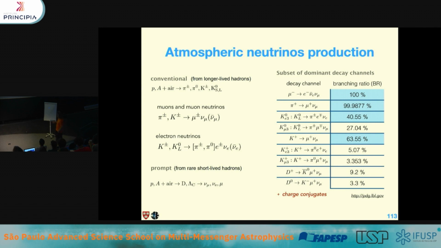These heavy particles tend to decay in three-body processes like that, and they're going to produce a high energy component of atmospheric neutrinos. However, this is a subdominant component, so most of the background is this type here. In fact, so far we have not been able to measure neutrinos produced from this meson decay.